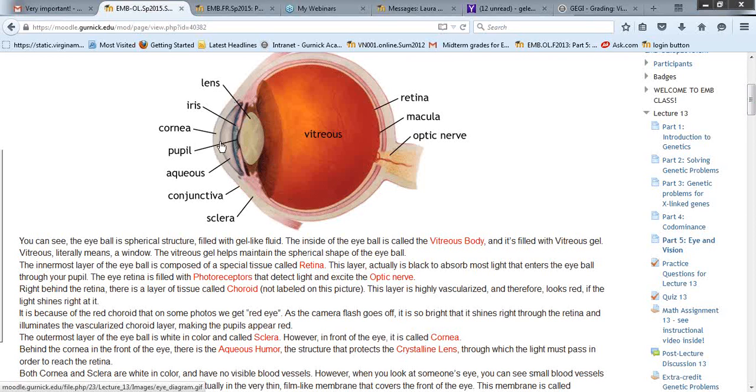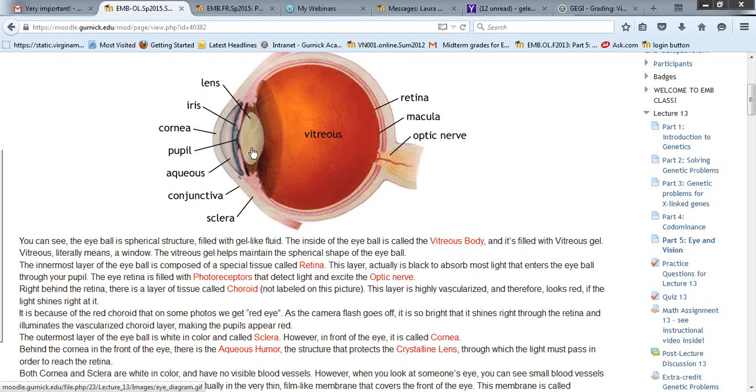Okay. Now, let's take a look at the front of the eye. So this structure over here, in front of the iris, is called the aqueous humor. It keeps the lens, which is this structure over here, the crystalline lens.